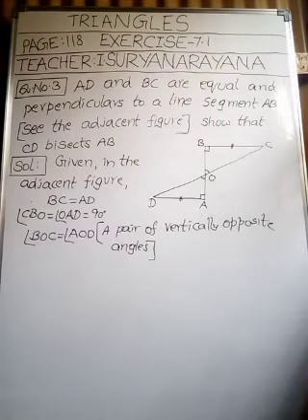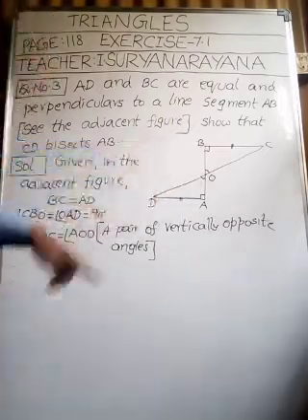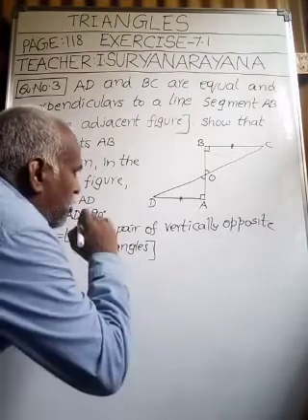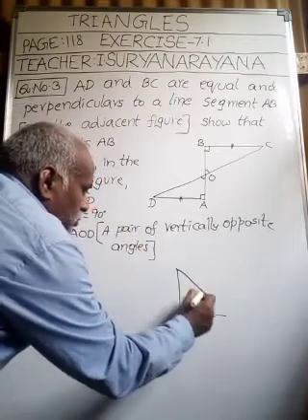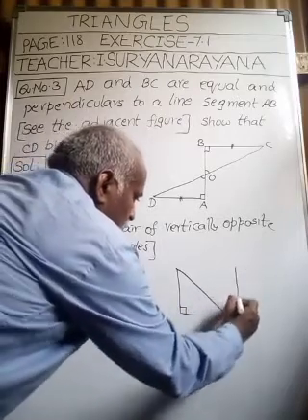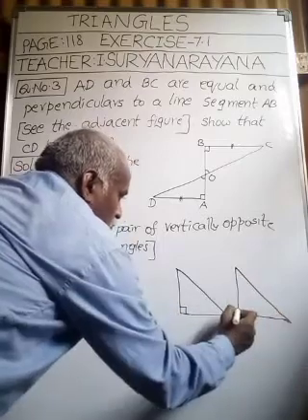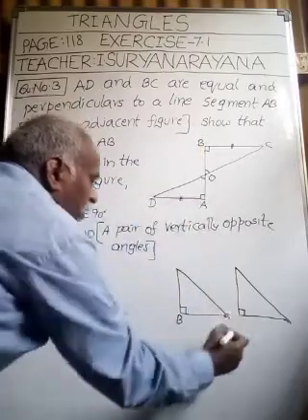Okay, my children, let us draw these triangles OBC, OAD side by side. First we draw OBC. At point B, perpendicular.